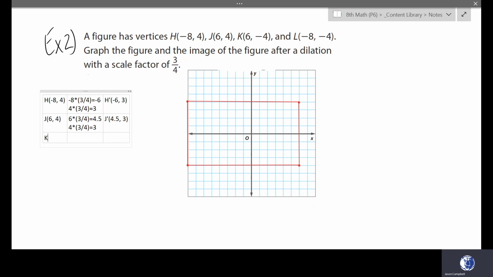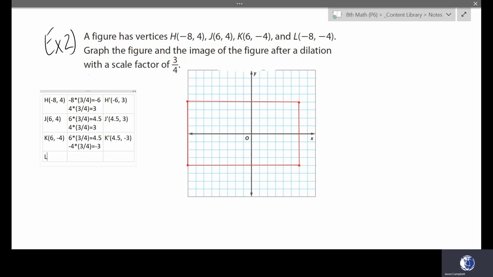K is located at 6, -4. So I'm going to do 6 multiplied by 3/4. I'm going to do -4 multiplied by 3/4. My new point, K prime, is located at 4.5, -3.